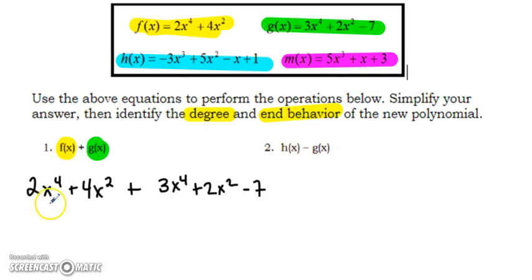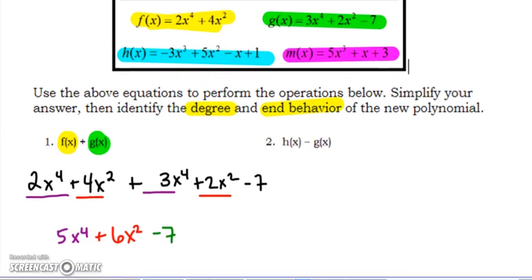Any terms that have the same exponent, we can add together. So 2x to the fourth and 3x to the fourth make 5x to the fourth. Then 4x squared and 2x squared are similar, so that's a total of 6x squared. The only term left is this negative 7, so I'm just going to write it at the end, negative 7.